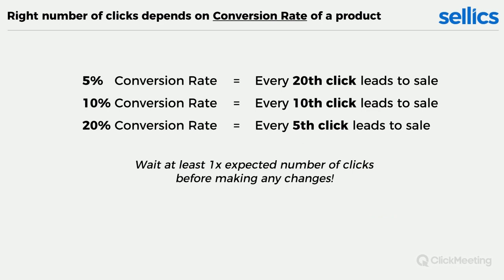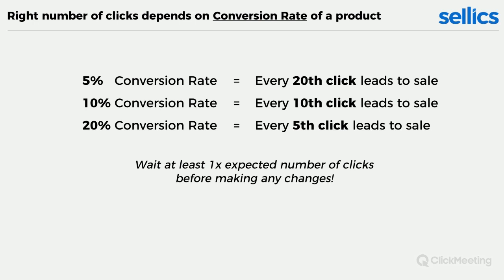If you make any changes before reaching this threshold, then you're basically making decisions on incomplete data, right? So if you have a conversion rate of 10%, that means you need 10 clicks. If you get 1 click and you immediately pause this keyword or you lower the bid, then essentially you didn't even give this keyword a chance to prove that it's performing, because this keyword needs 10 clicks on average to generate a sale.